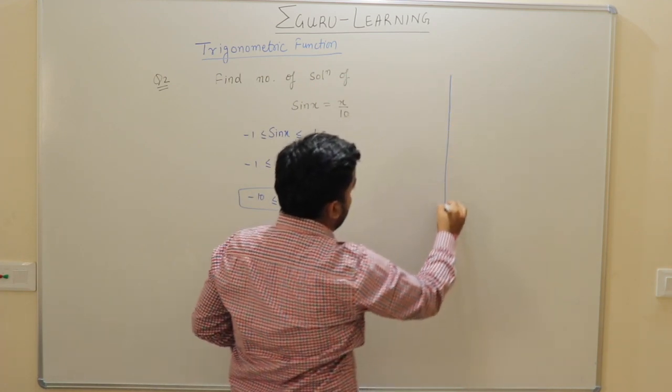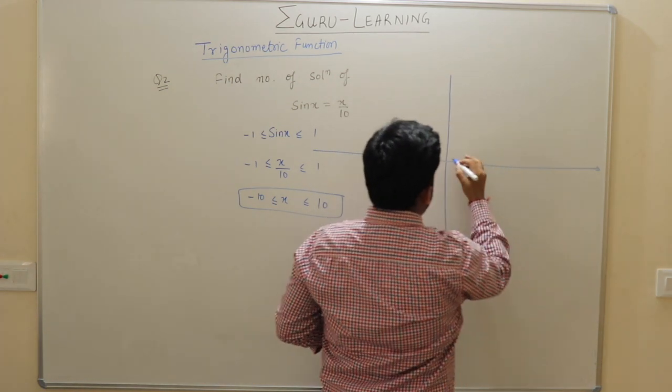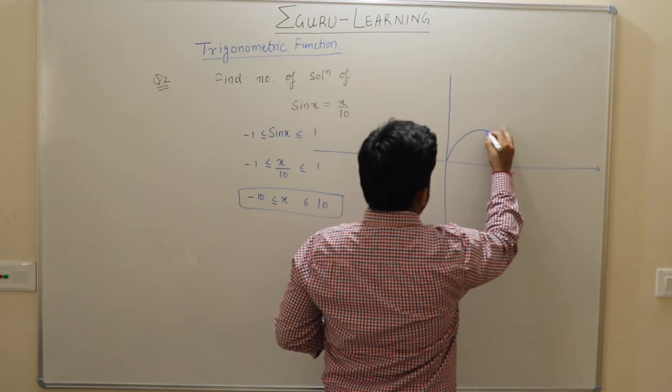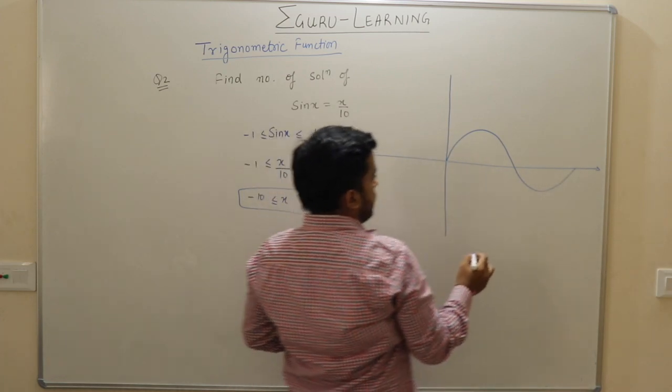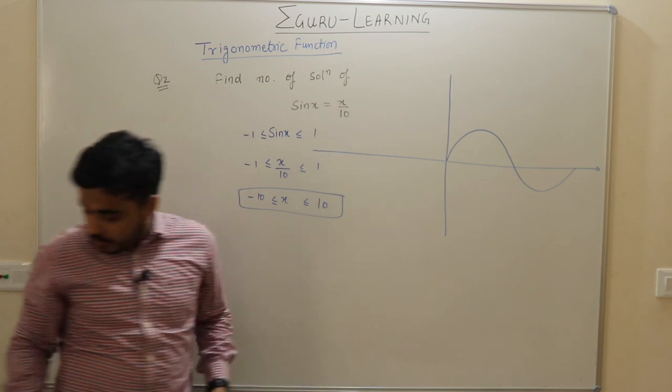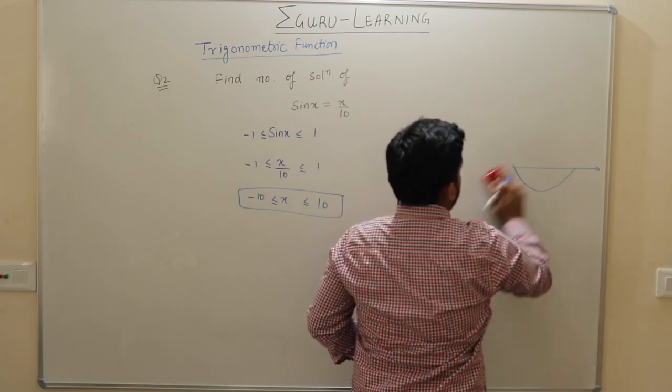Now let us plot the graph of y equals sin x. Let us shift this graph to the left, because we need to draw it till 3 pi.